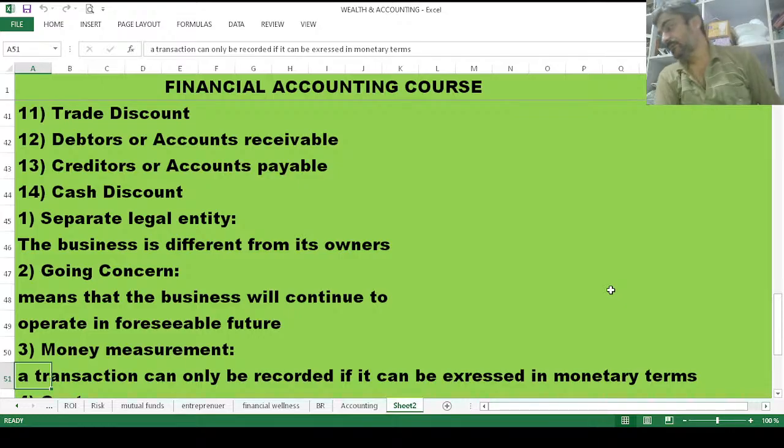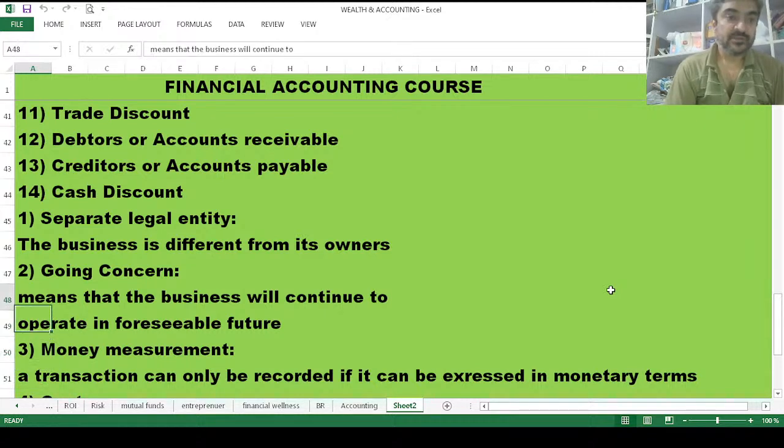Then in the third lecture, we explored some more accounting concepts. For example, separate legal entity, which means that the business is assumed to be a separate legal entity independent of its owners.